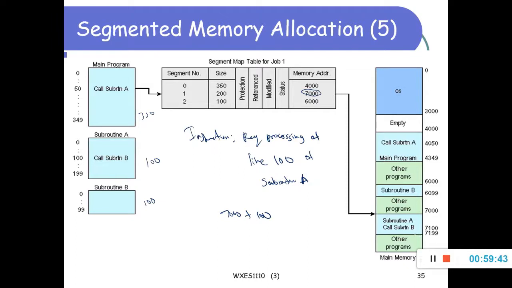Okay, 0 to 199. So this is 7000, and this is 7199 for call subroutine B.